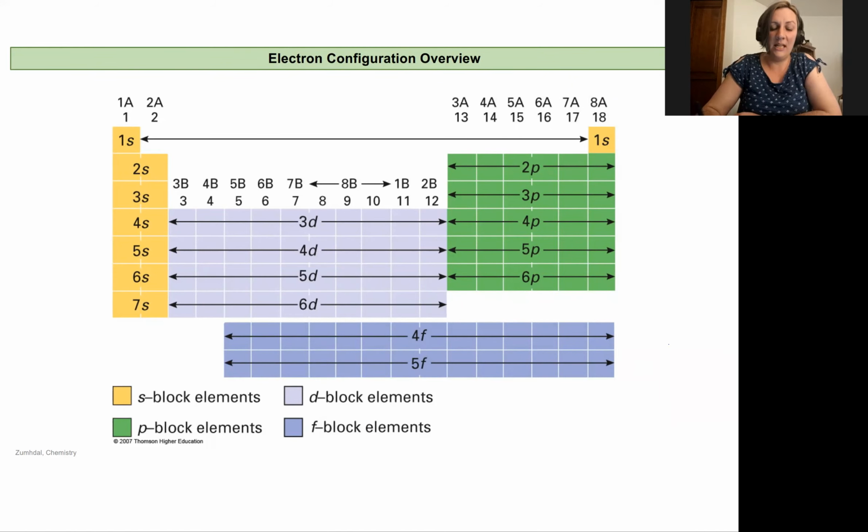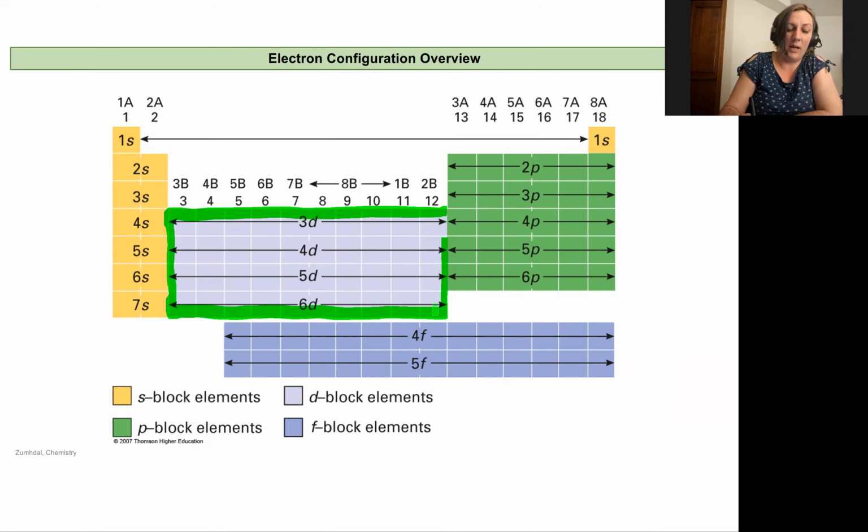And so we can think of the transition metals as actually being the d block elements, right? Because the characteristic last electron placed within that element is going to be a d electron, and they'll have partially filled d orbitals. Whereas p block elements are likely to have partially filled p orbitals, s block partially filled s orbitals, f block partially filled f orbitals. And so we'll be focusing on these ones.